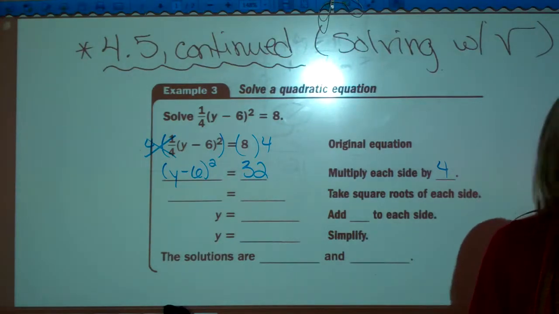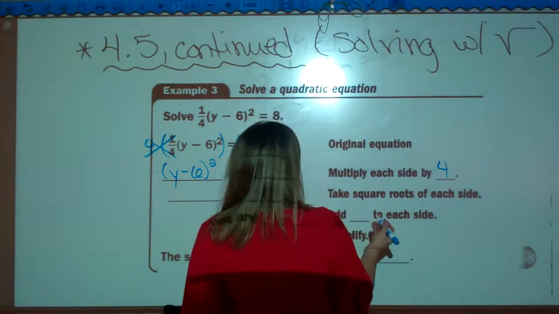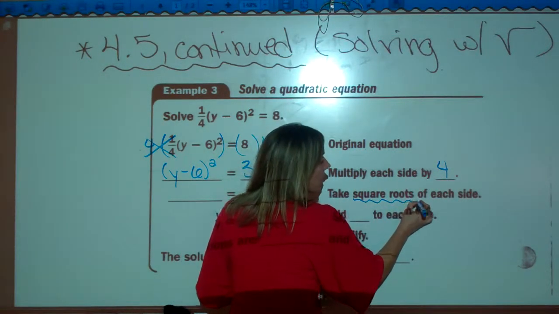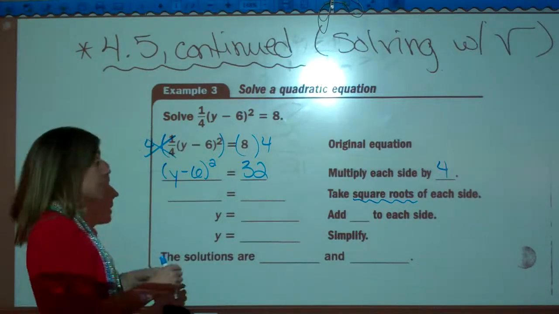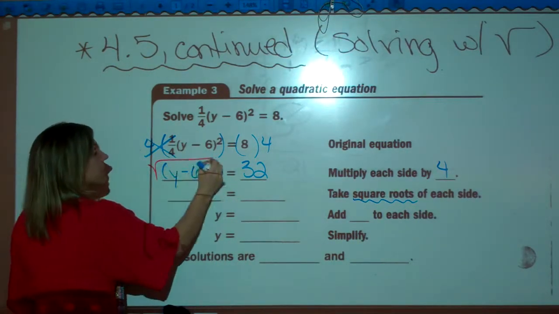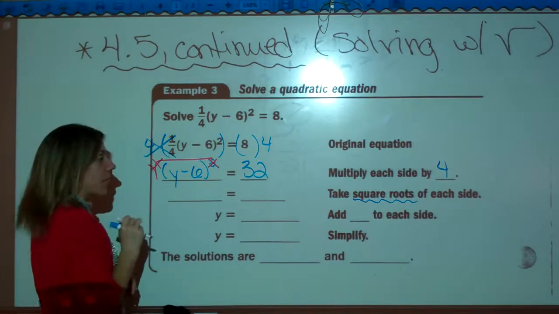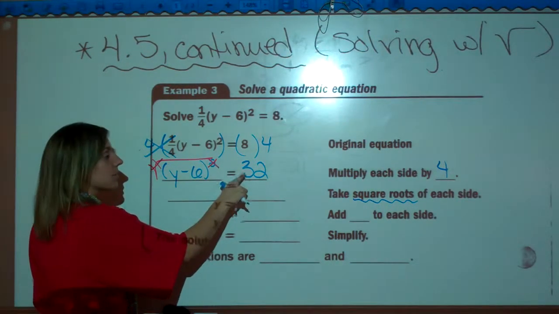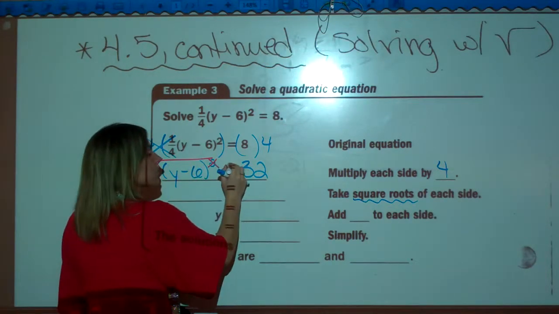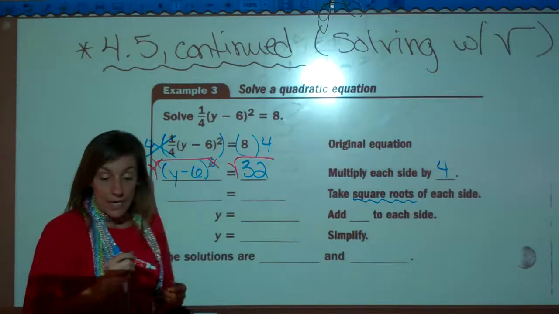Well, the opposite of squaring something is square rooting. So we square root it because this square and that square root cancel each other out. Well, if we square root on the left side, we also want to square root on the right side.